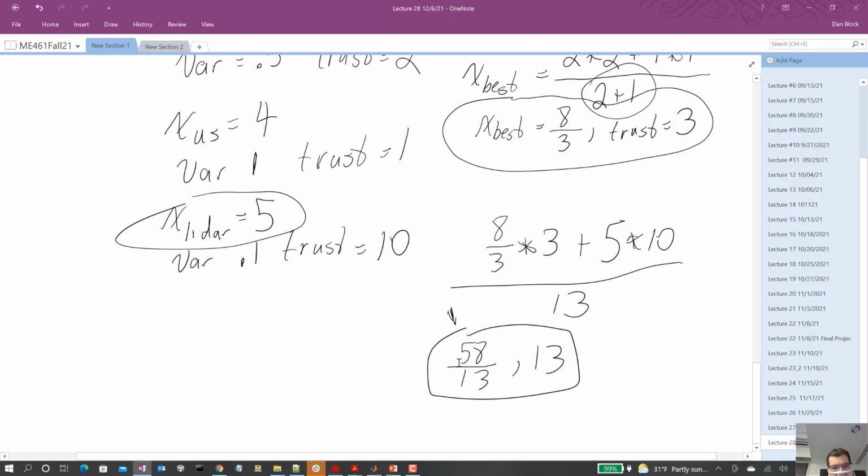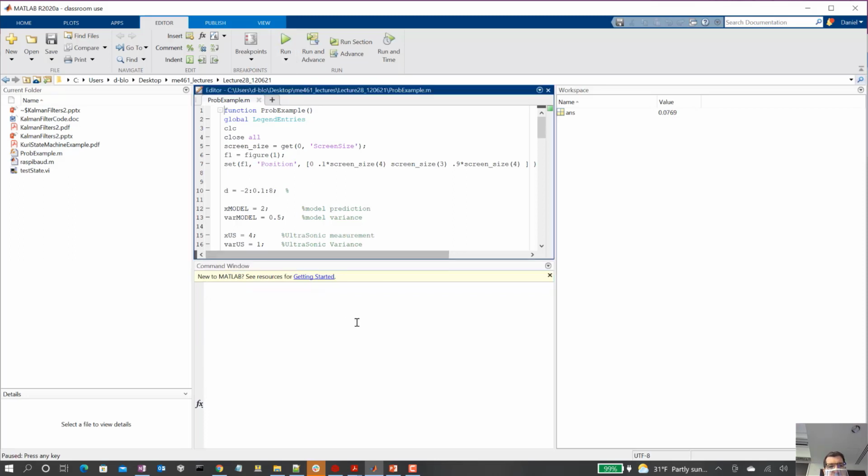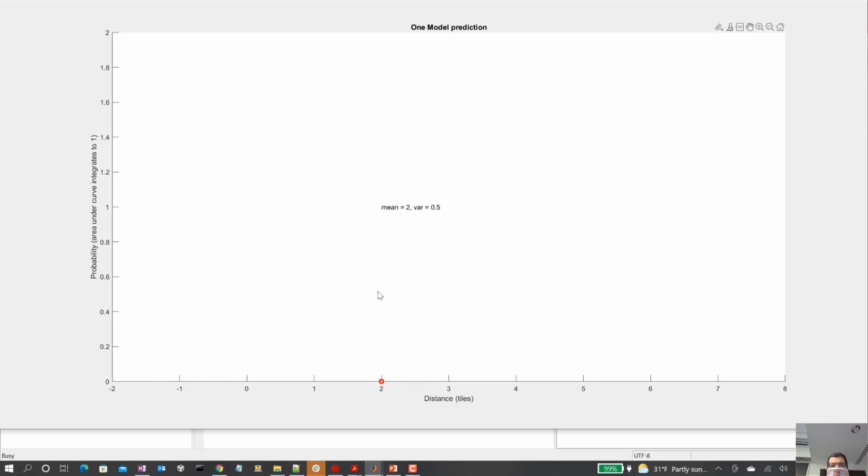So let's just look at that a little bit in MATLAB. So that same analysis, if I run this, the idea is, again, assuming Gaussian distribution, right? We have our prediction, a value we think is around 2 with a variance of 0.5. So the inverse of that is our trust of 2.